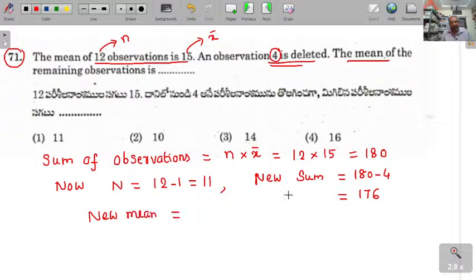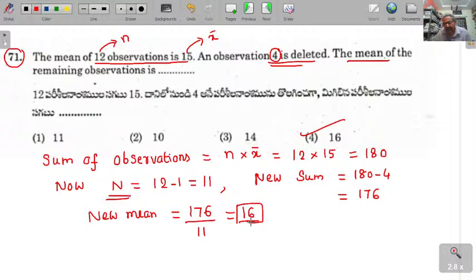New mean is equal to new sum, 176, divided by the number of observations, 11. So 176 divided by 11 is 16. So 16 is the new mean. Having deleted one of the observations, 4, the new mean becomes 16.